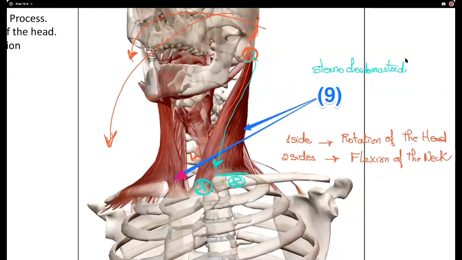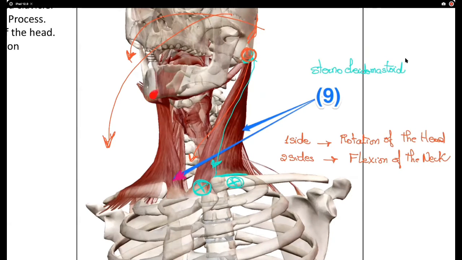A muscle that we've seen in the neck was getting its origin from the manubrium of the sternum, from the medial 1/3 of the clavicle, whose fibers are going to be traveling upwards to be inserted in the mastoid process of the temporal bone. When I contract just one side, the head is going to be rotating because I'm pulling this mastoid process, let's say, towards the midline of the body.